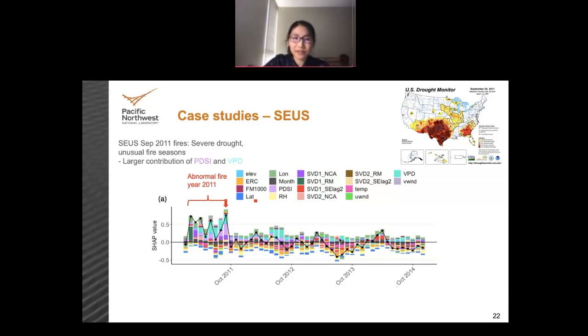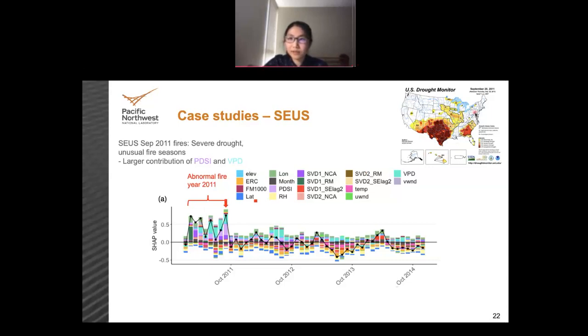You can see for the southeastern US, generally there are no big fires, only small peaks that happen in spring. But you can see in 2011, there's an abnormal fire year for the southeastern US. And that is mainly related to the drought that happened during that time.